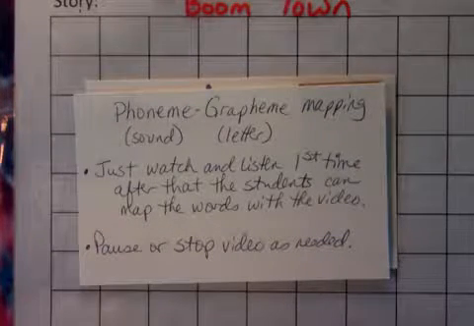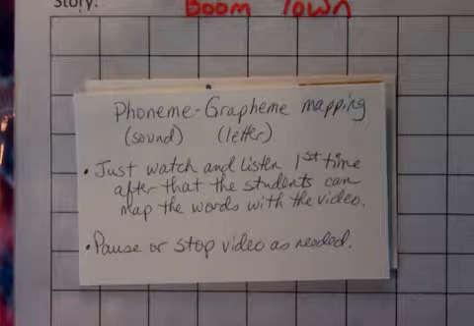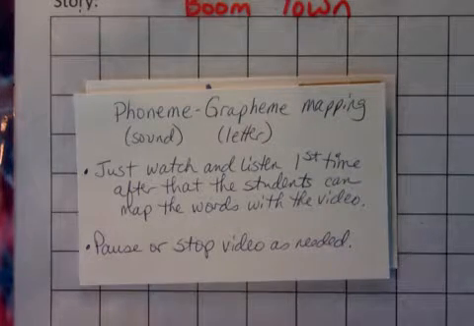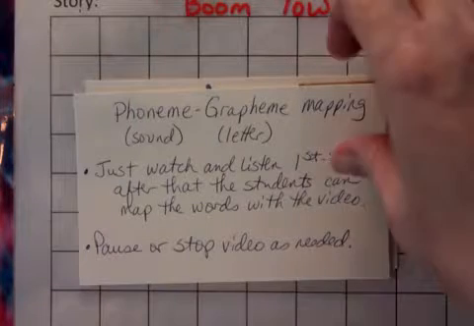You can stop and pause it as often as you need to so that you can digest the information very well. And then the following times that you watch it, you can write down the words and practice them as you go along. What I'd like to do first is teach a couple of syllable types because it's very important as to why we're spelling some of the words the way that we are.